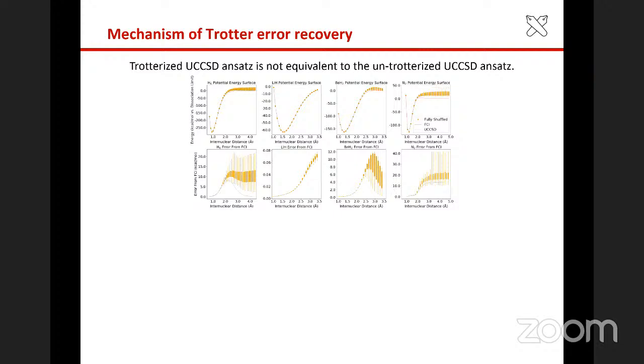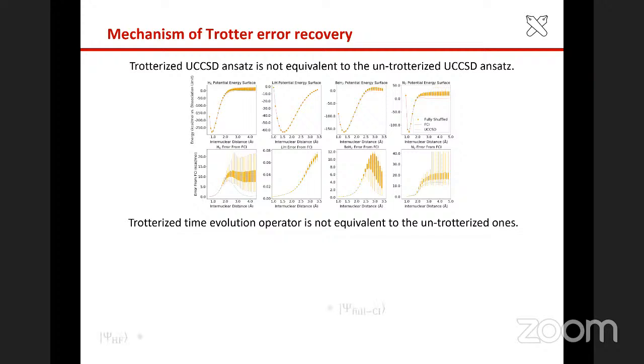This trend can be well explained by considering the Trotter error. Basically, the Trotterized ansatz is not equivalent to the un-Trotterized ansatz. So it means that the Trotterized terms operator is not equivalent to the un-Trotterized terms operator. If we think about adiabatic transition, the evolution from the Hartree-Fock state to the target state, this is the adiabatic evolution path.